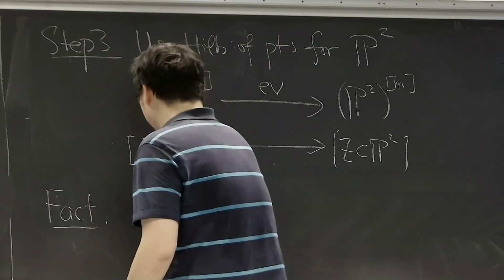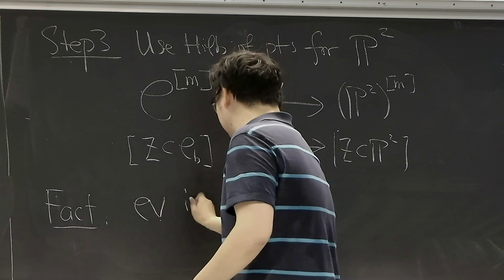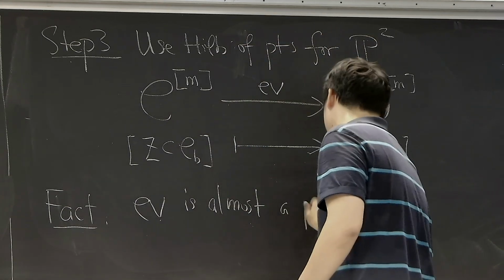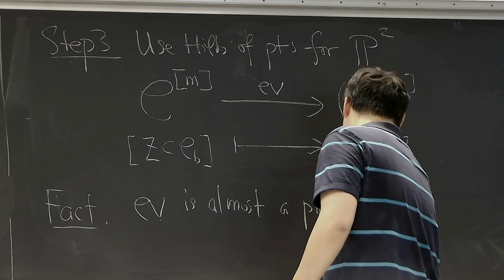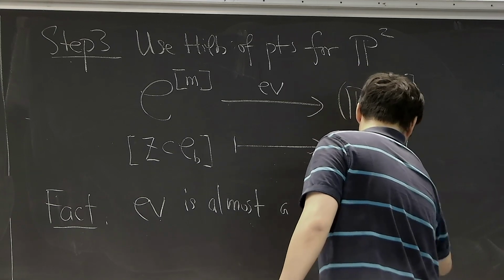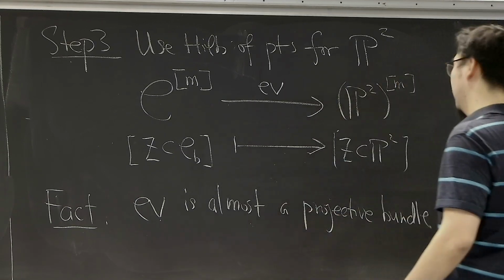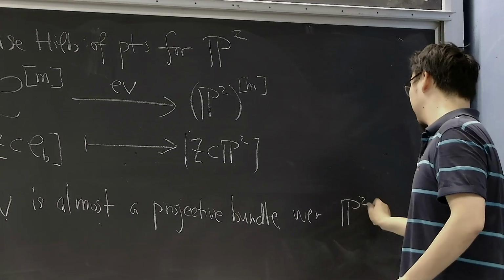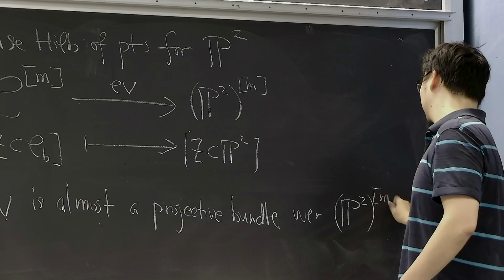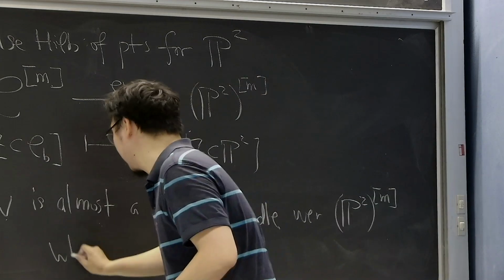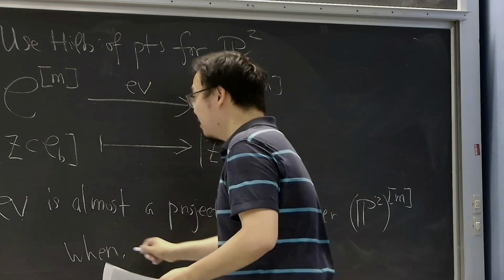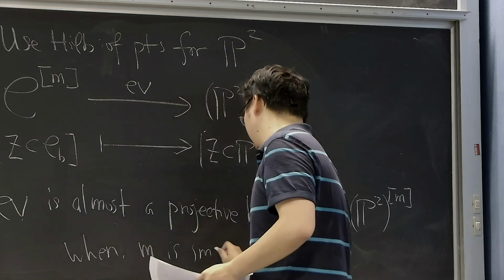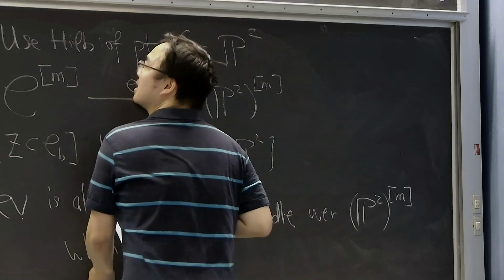EV is almost, in one last sentence, a projective bundle over the Hilbert scheme when M is small.